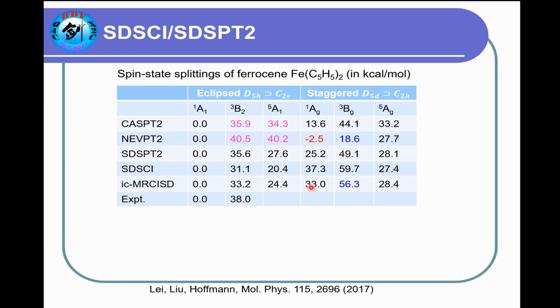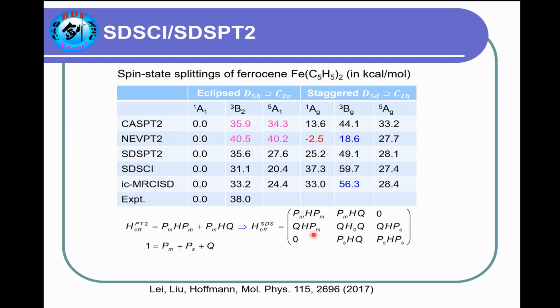I want to remind you that SDSP2 is just an extension of, let's say, NEVPT2. NEVPT2 treats the 0th order and the 1st order functions as one-to-one fixed. It just treats the 0th order function and the 1st order function as independent functions. Then in addition to the two sets of functions, we insert a secondary state, so we diagonalize a 3 by 3 matrix.